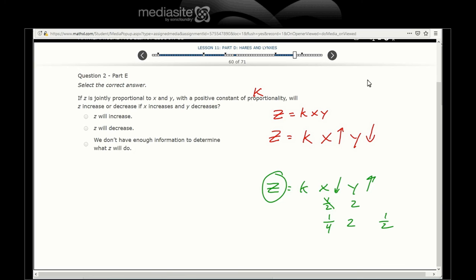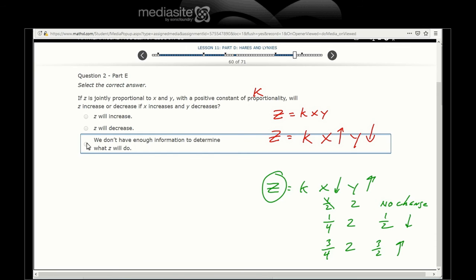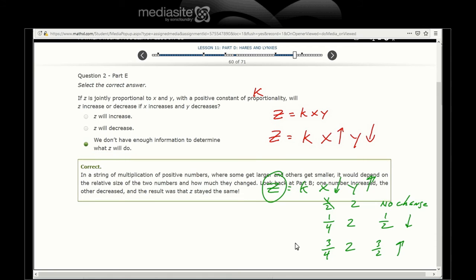Or if x went down by not much, say it was still 3/4 of what it was, and y again doubles, this would be 3/2, which is greater than 1, so z would go up. So unless we know what x and y are doing, we can't say. We don't have enough information.